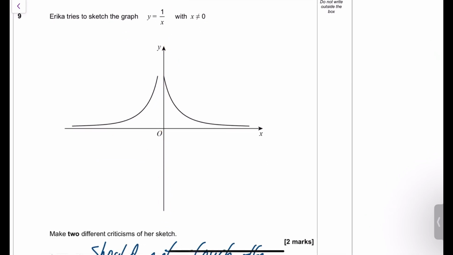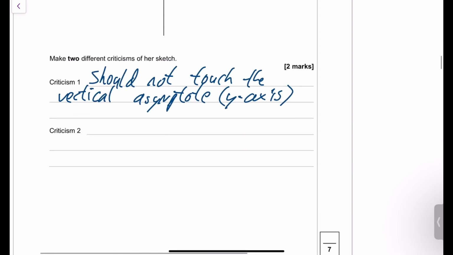And the other thing is, what this graph should look like, very roughly, is top right and bottom left.